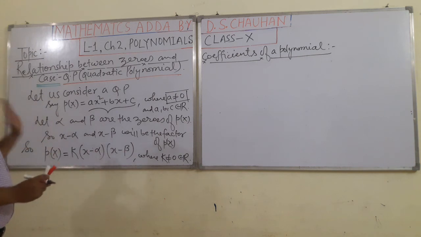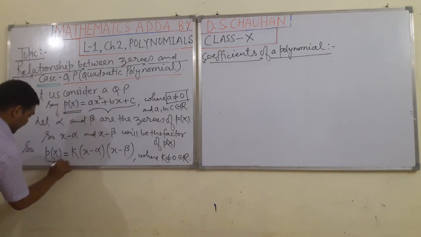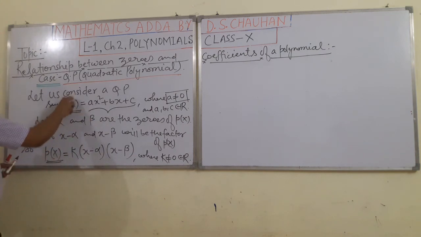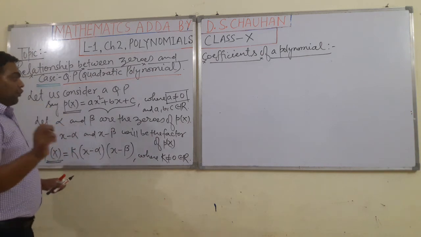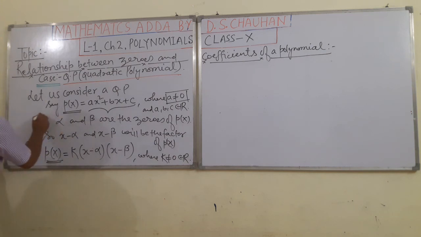Okay students, now if you look at this expression and this expression, the left sides of both expressions are equal, therefore the right hand sides must be equal. We are indicating them as equation number 1 and equation number 2.